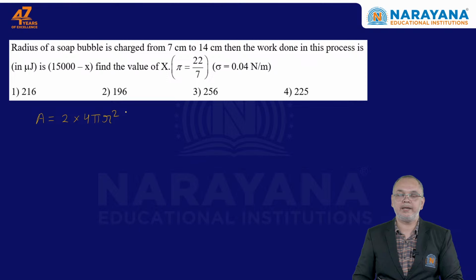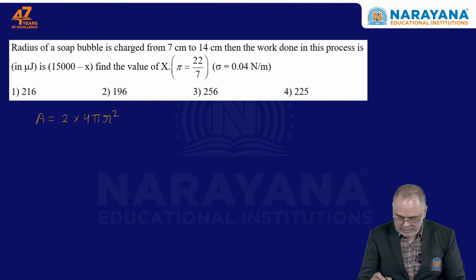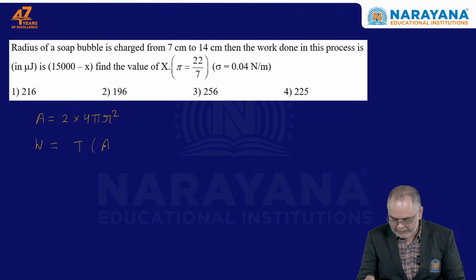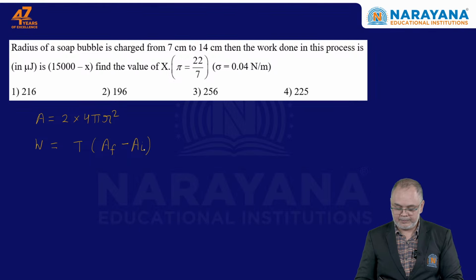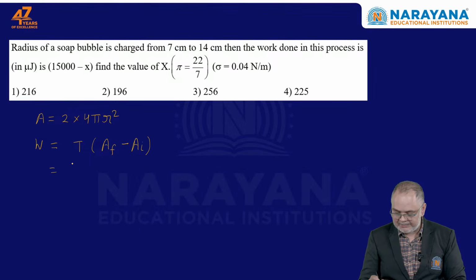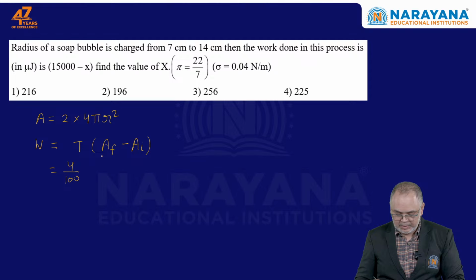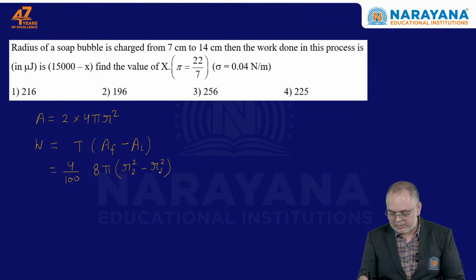So here work done in this process we can write as surface tension into change in surface area. So W is equal to T into A final minus A initial. Now the surface tension value is given as 0.04 Newton per meter, so we can write 4 by 100 into A final minus A initial. That is 2 into 4 pi r square, so we can write 8 pi into r2 square minus r1 square.